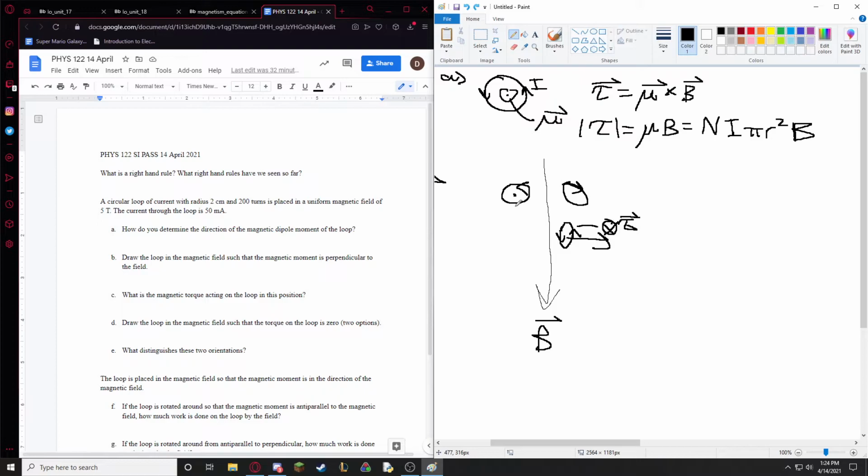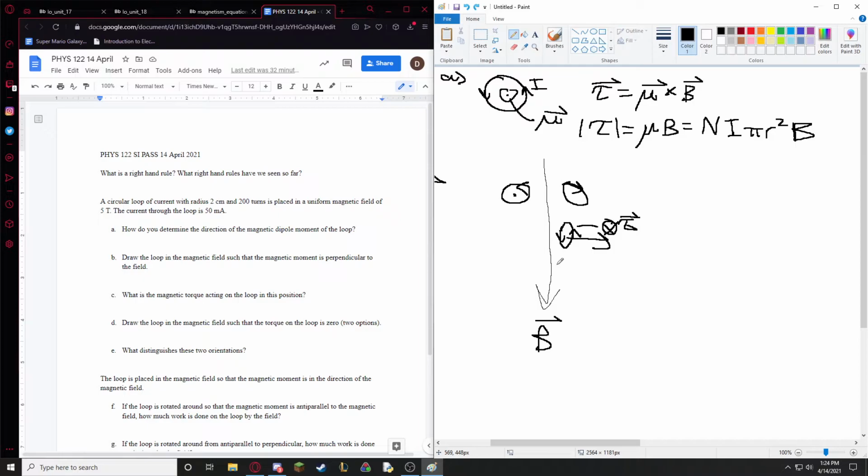Now what direction is that going to make the loop rotate? If we let the torque rotate the loop, what direction would it rotate in? Wouldn't it rotate counterclockwise? What do you mean counterclockwise? One second.